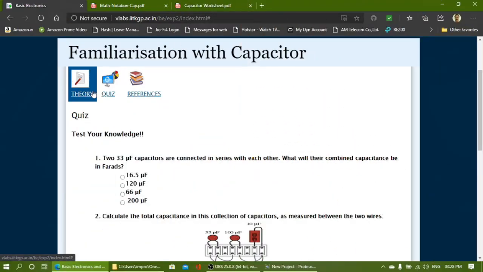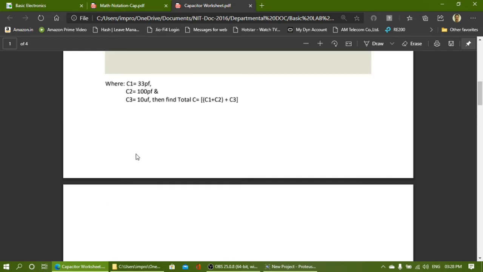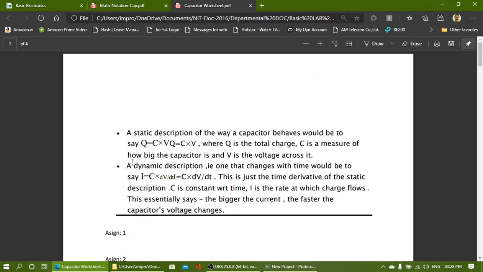Now we'll enter the quiz part, where the first question is: two 33 microfarad capacitors are connected in series with each other. What will be the combined capacitance in this network, in microfarad? So the main value is 33 microfarad.